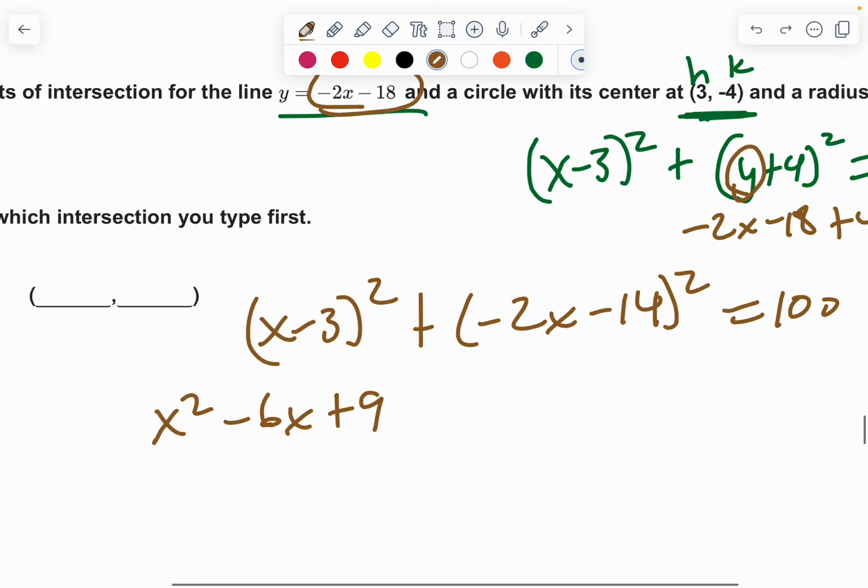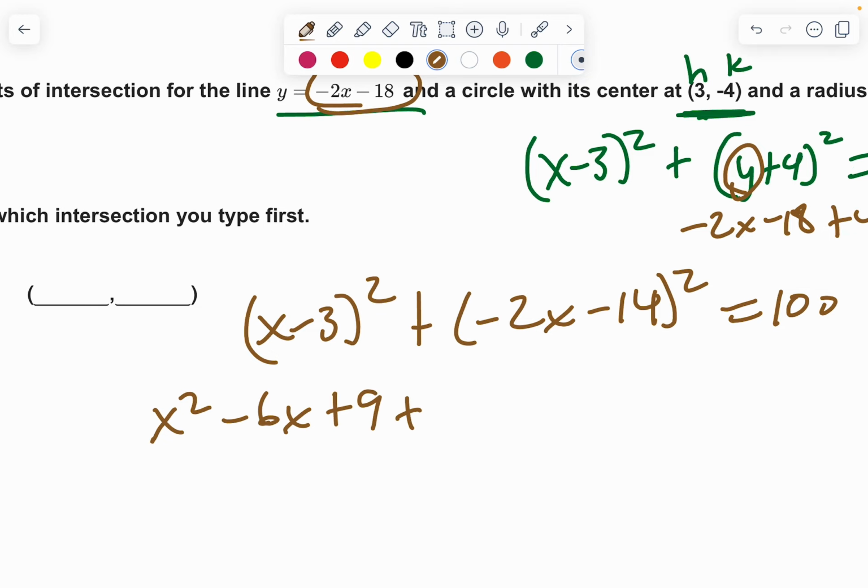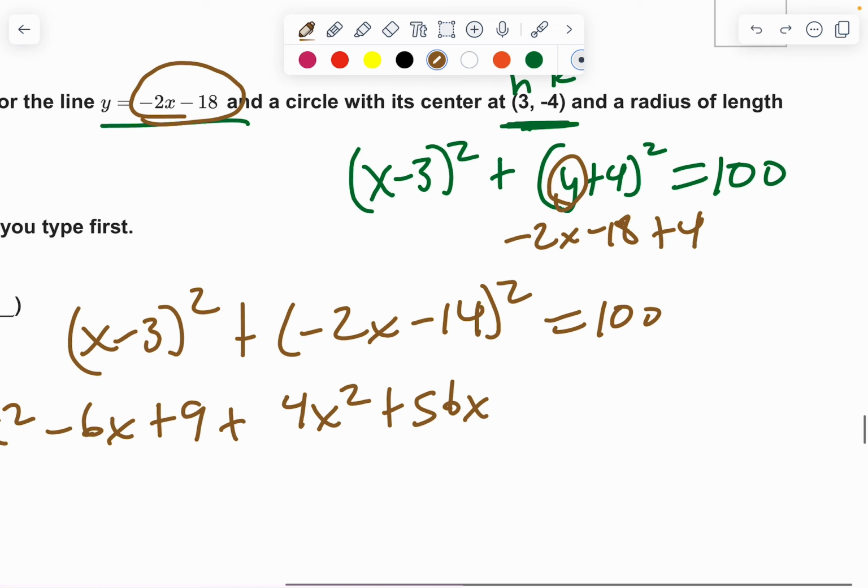All right, here's a much harder one. a squared, 2ab. Look real hard. a times b times 2 will be positive 28 times 2 will be plus 56.